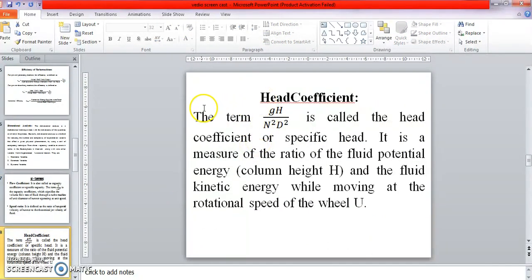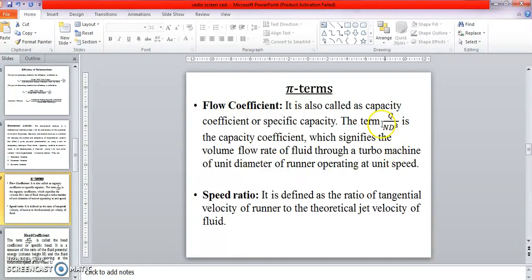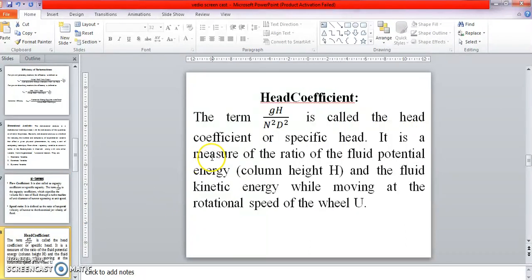Coming to head coefficient, normally this flow coefficient Q by N D cube, we are going to designate as a pi 1 term. This is a pi 1 term in case of these terminations.